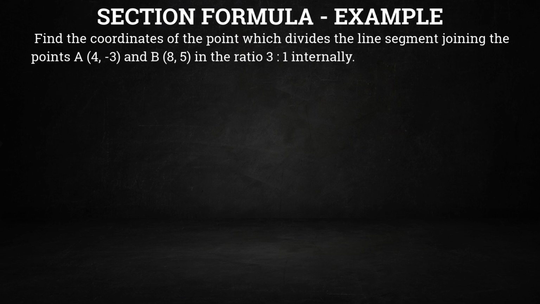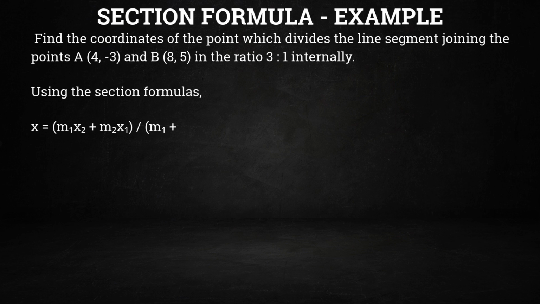Let us now work through an example. Find the point that divides the segment joining A (4, -3) and B (8, 5) in the ratio 3:1. Using the section formulas, we have x is equal to m1 into x2 plus m2 into x1 divided by m1 plus m2.